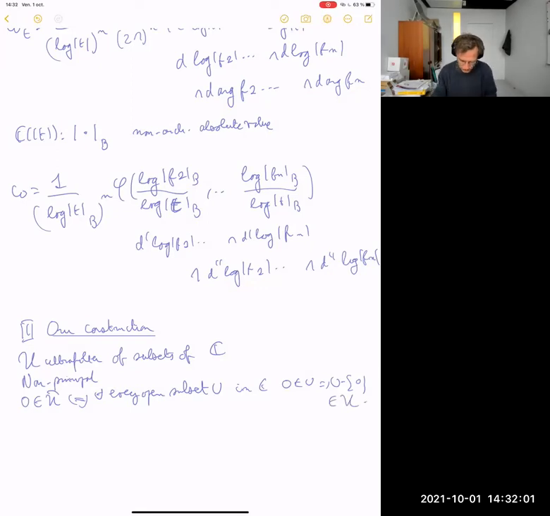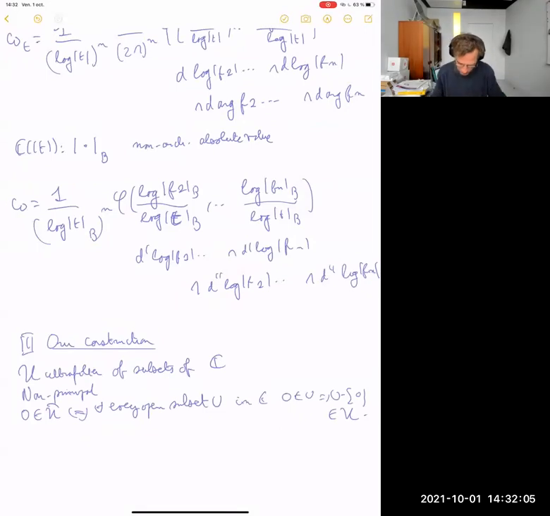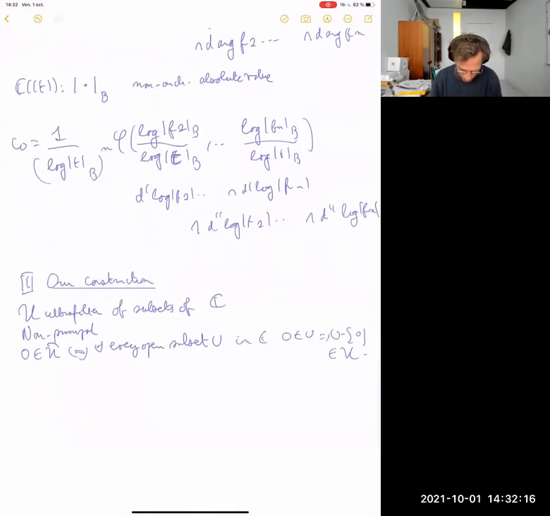So I want to be able to take, in some sense, limits of things going to 0, but working with an ultrafilter is a way to avoid replacing at every time a sequence by a converging subsequence or things like that. Essentially, the axiom of choice does the job for you, and everything converges.